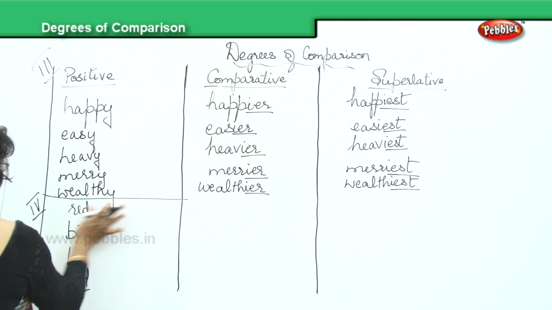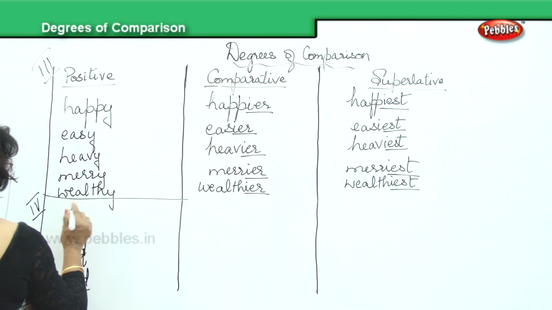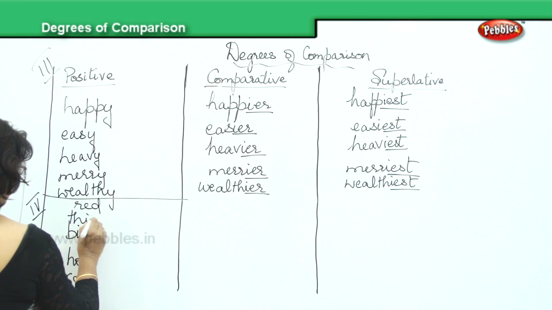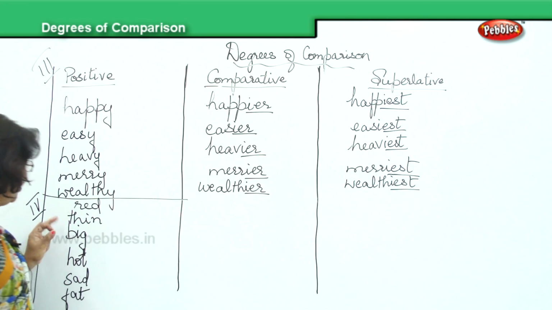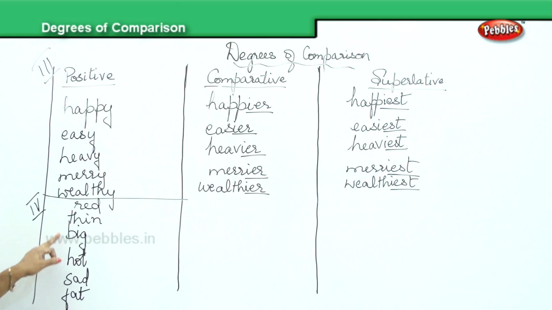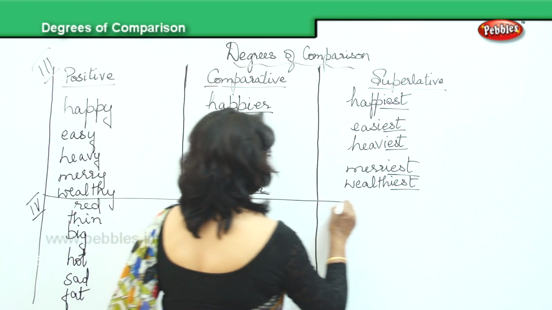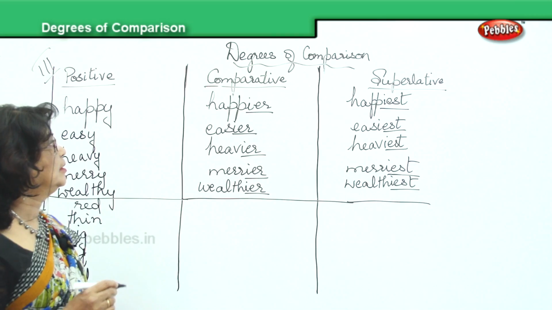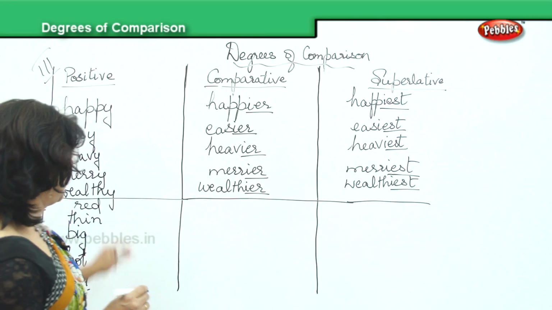I can also add one more here, maybe thin. Okay, I've given you red, thin, big, hot, sad and fat. We'll see how they form the comparative and superlative.